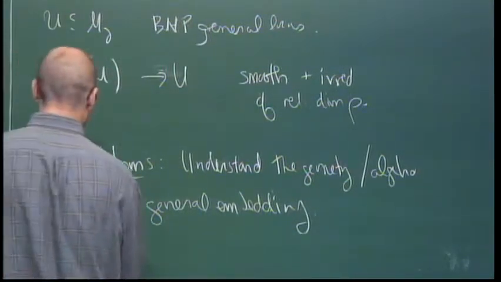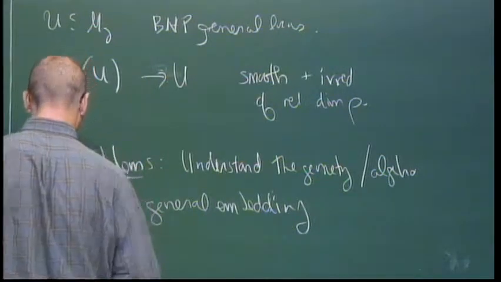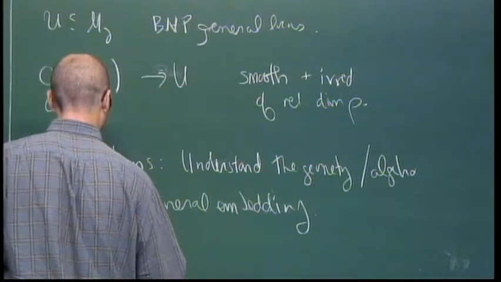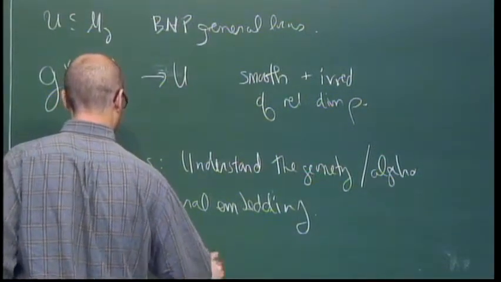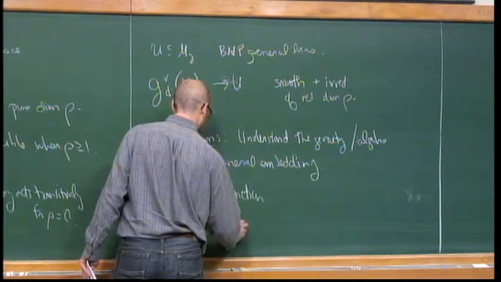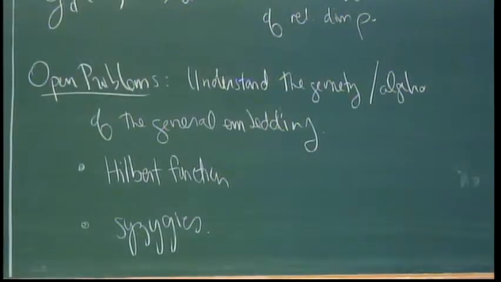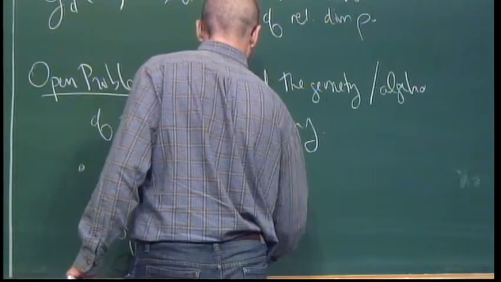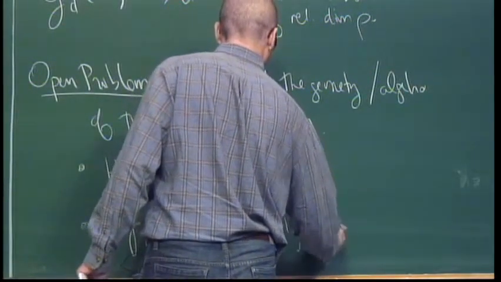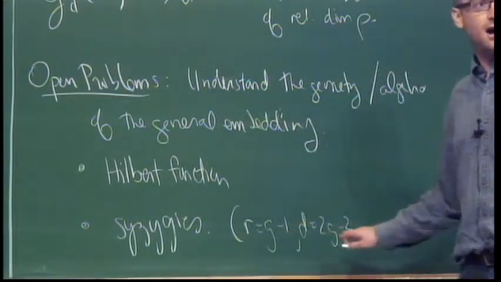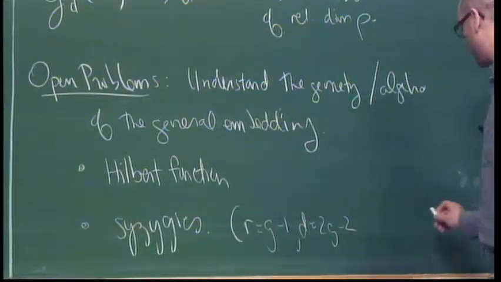Well, you could ask, for instance, what's the Hilbert function? What are the degrees and ranks of the syzygies? Okay, so just, for instance, one special case of this would be the case r equals g minus 1, d equals 2g minus 2. And then the prediction about the syzygies of the canonical embedding of the general curve is Green's conjecture.